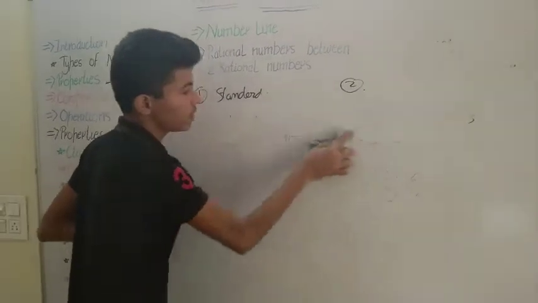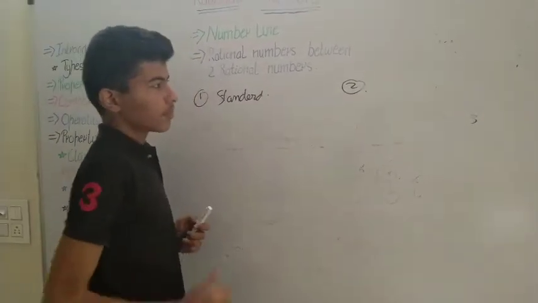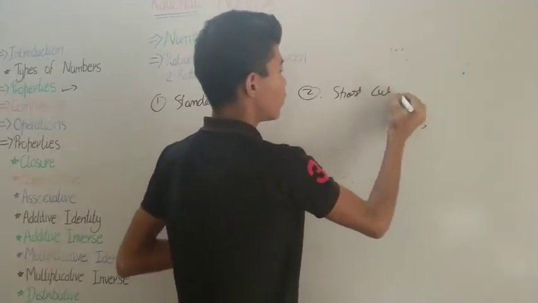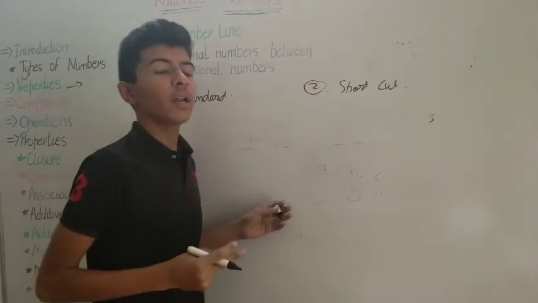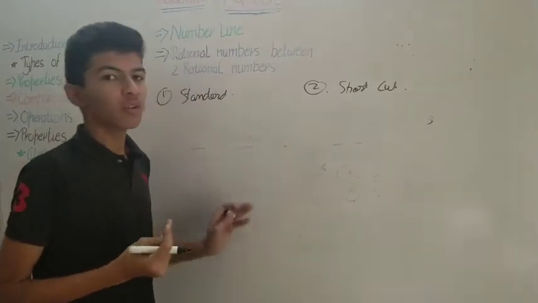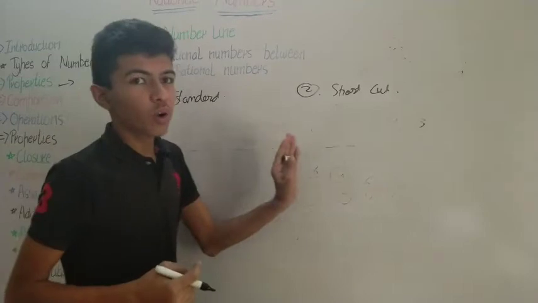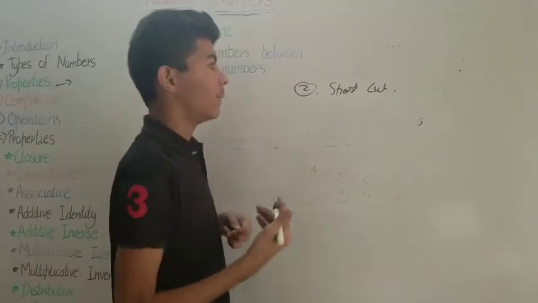So now let's move to the shortcut approach. This is useful when mostly two terms are given, because after two terms the calculation starts getting complicated.